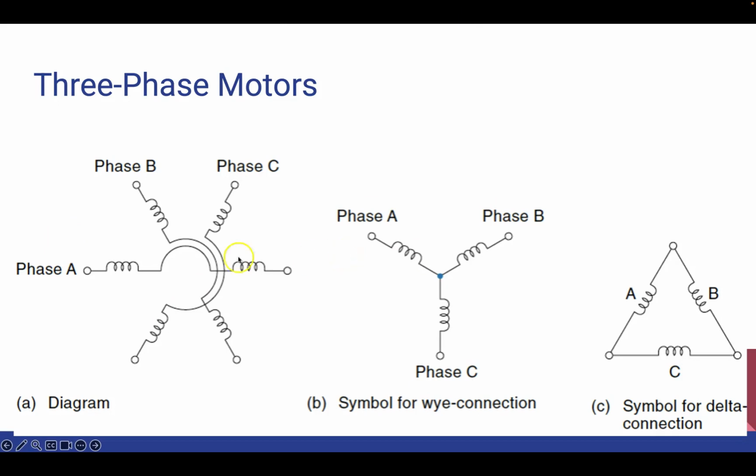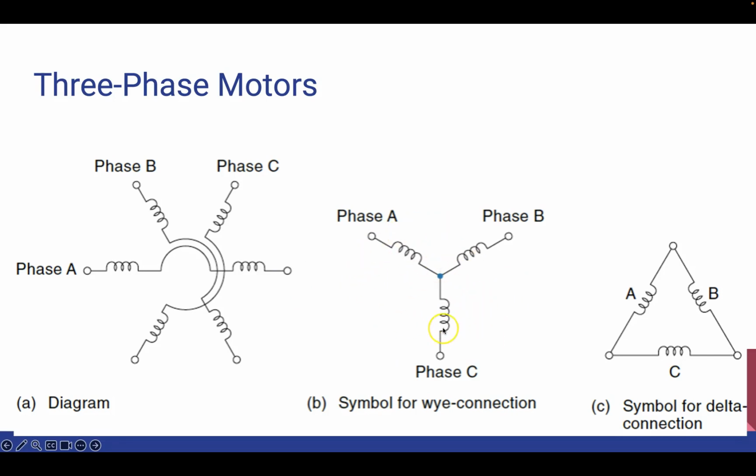And it has 3 sets of stator windings, as you can see over here, phase A, B and C, with each set of windings being powered by one of the phase voltages, and the natural timing sequence of the 3 individual phase voltages produces the rotating stator field that pulls the rotor around.